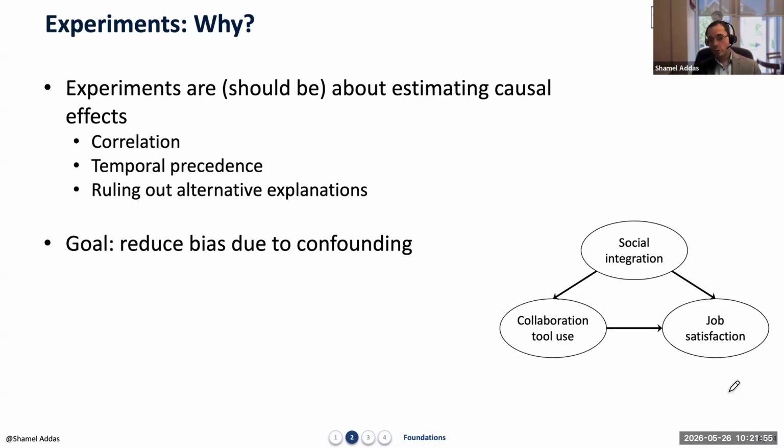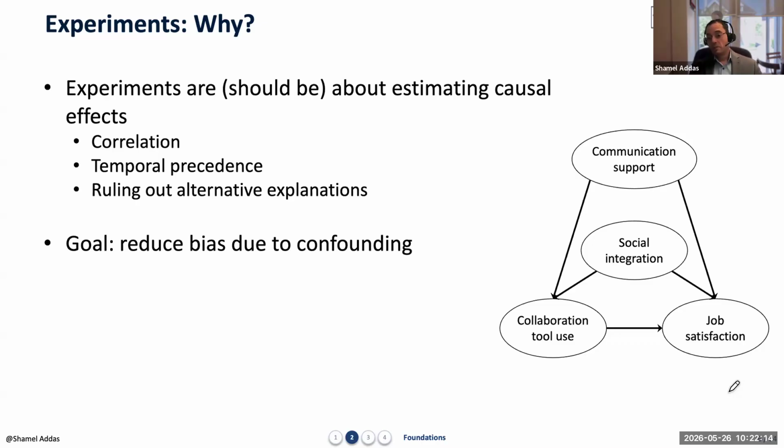And maybe social integration also has an effect on job satisfaction. So if you have this confound and you're not careful, it could be biasing your result, and you're now less confident in saying that the collaboration tool use actually caused job satisfaction. All right, so that could be a problem.